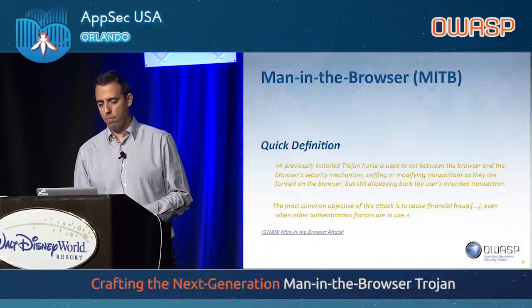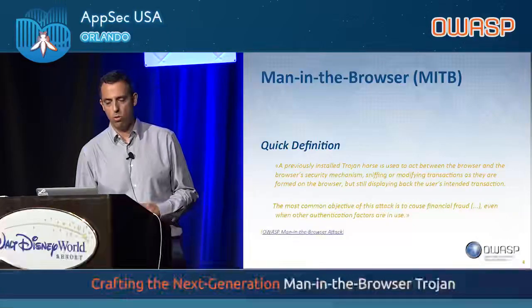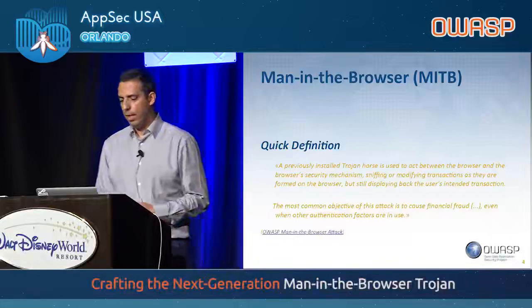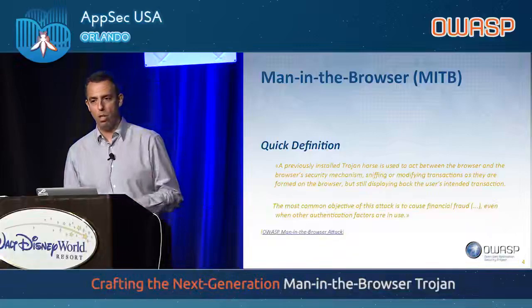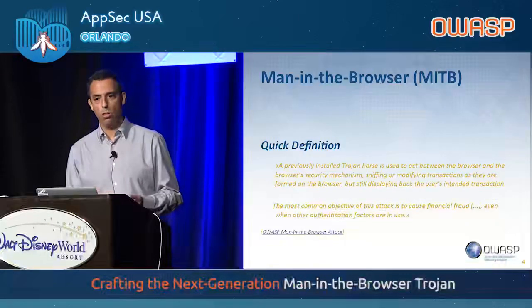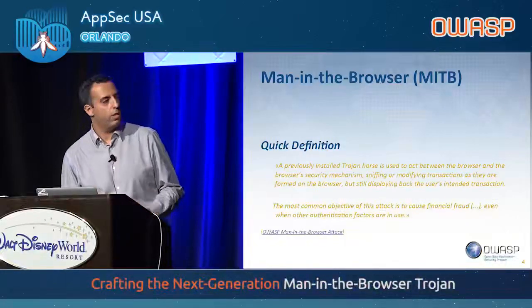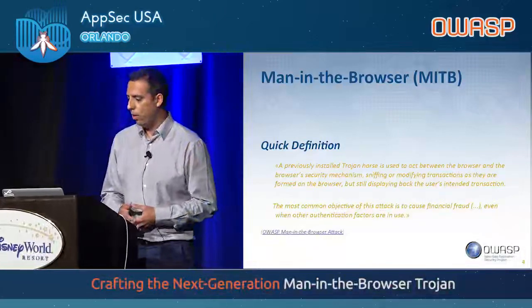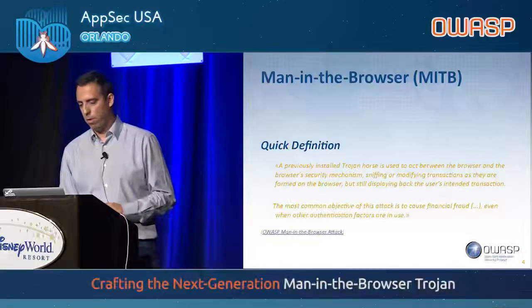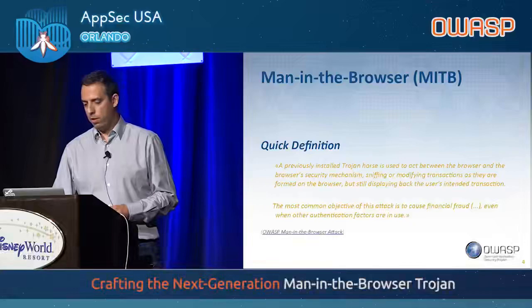So the Trojan, after infecting the device, just sits quietly in the user's computer and waits for the user to go to a targeted website. Once he does that, the Trojan hooks into the browser, and it's able to freely modify the requests and responses, and also to exfiltrate sensitive information. So this is the gist of it.